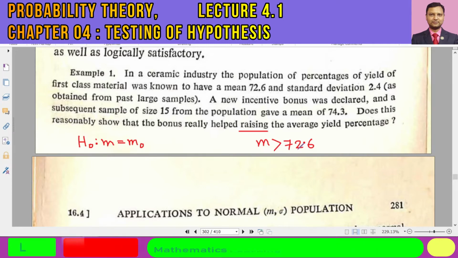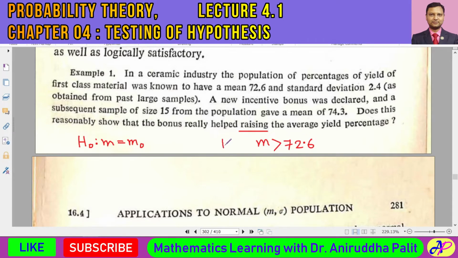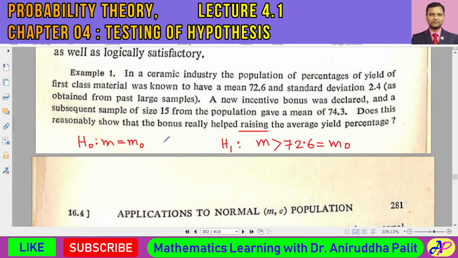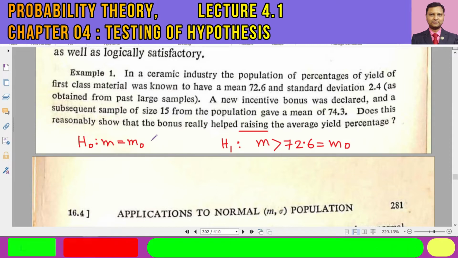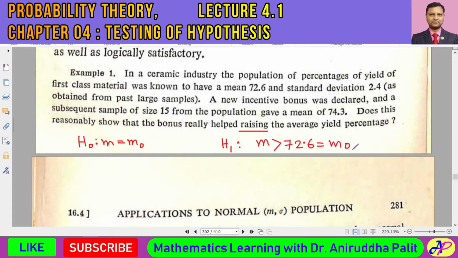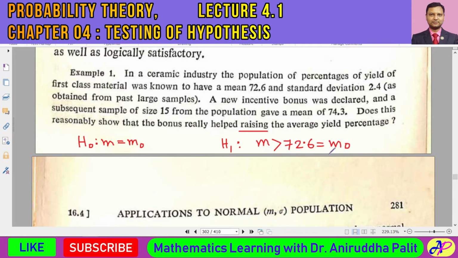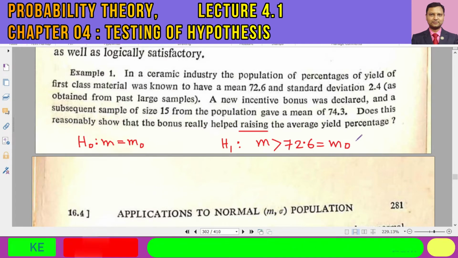We are left with the alternative hypothesis H1, m greater than 72.6, and this 72.6 would be the value of m0. So we are trying to verify the null hypothesis, whether m is equal to 72.6 or not, against the alternative hypothesis m greater than 72.6. As the alternative hypothesis is represented by a greater than inequality, this test would be a right-tailed test.